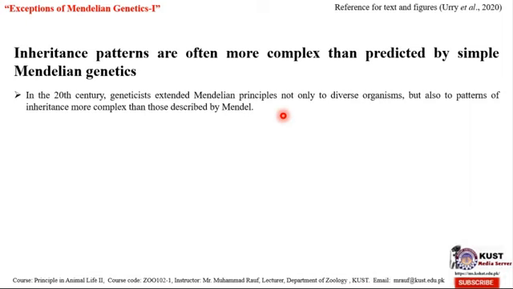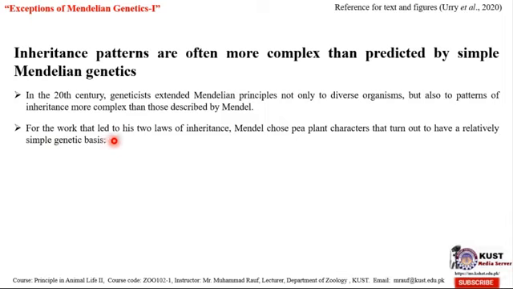They tried to explain the results in light of the two laws of Mendel, and they found some exceptional cases where the outcome of genetic crosses did not obey the principles of Mendelian genetics.